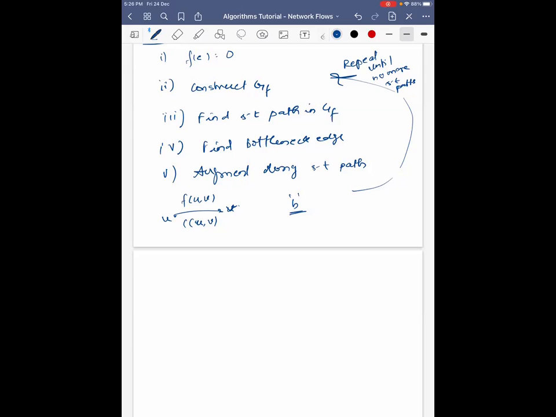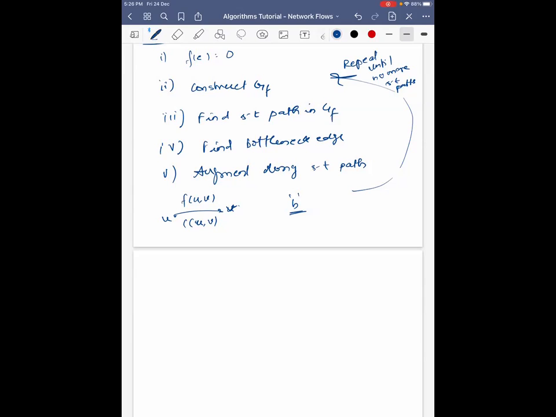So this UV edge on the path P would actually be representative of a backward edge, no? It has both characteristics now. It can be forward as well as backward. The same edge can create a forward as well as a backward edge.